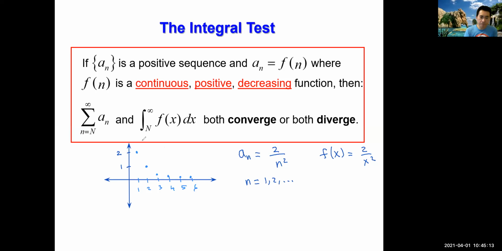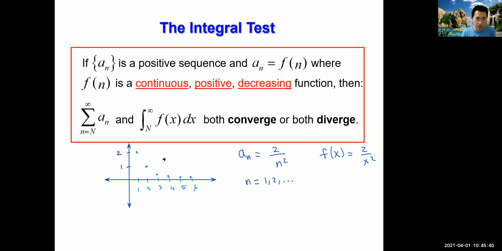If we graph the sequence 2 over n squared, when n is 1, I plug in 1, and 2 over 1 squared is 2. So we've got here 1, 2. When n is 2, 2 squared is 4, so 2 over 4 is 1/2.